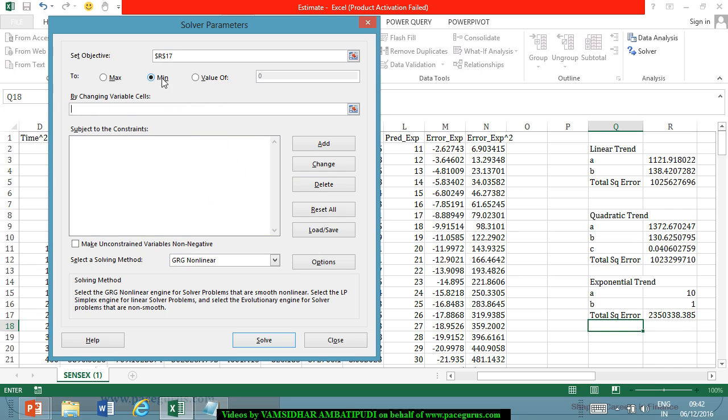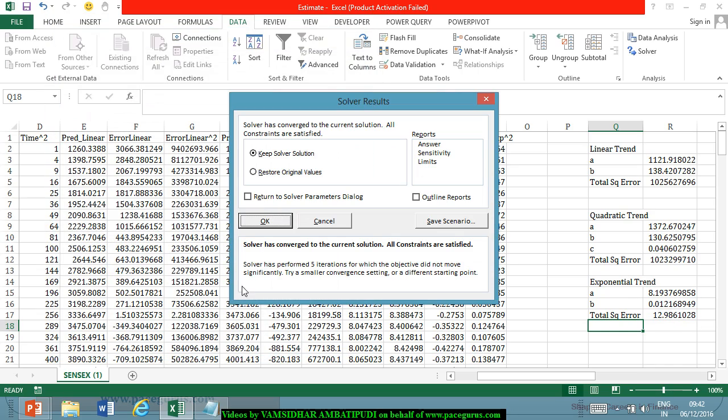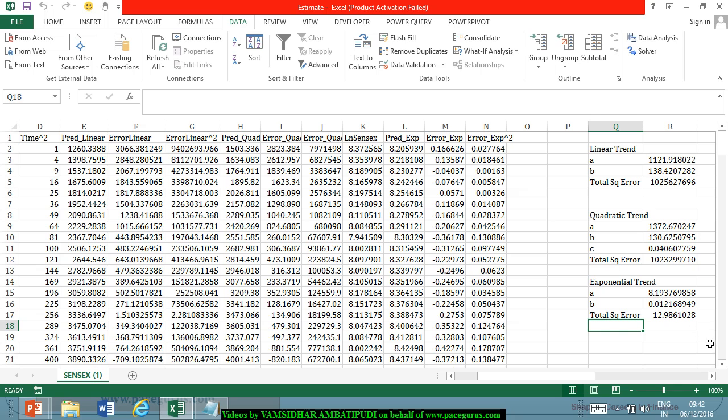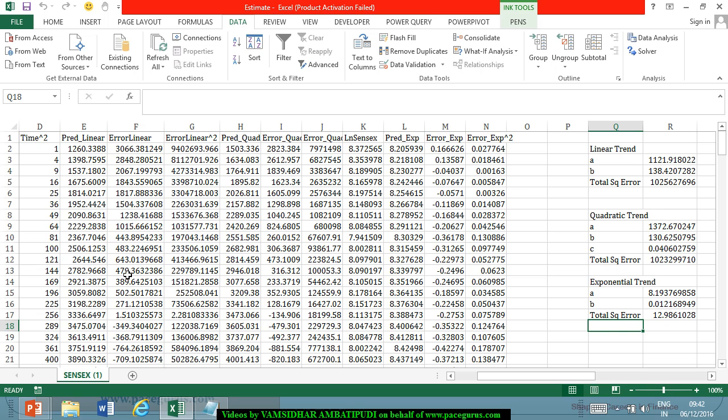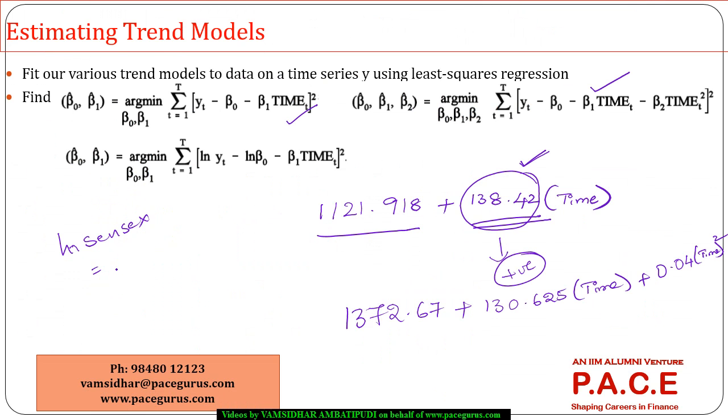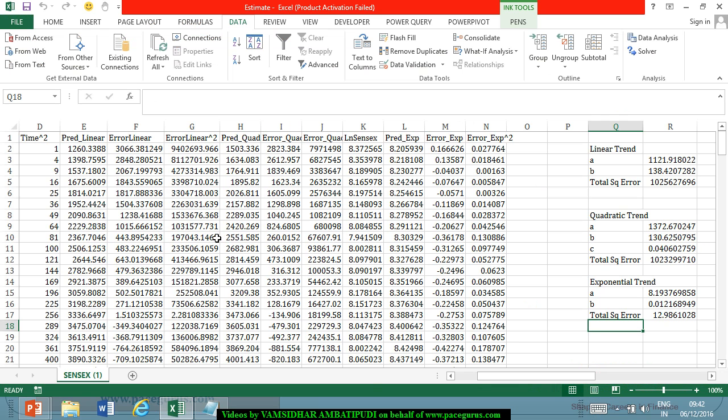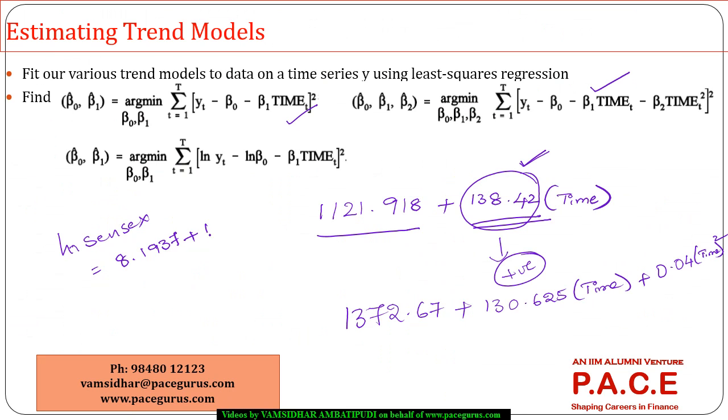So I am minimizing this total error by changing these two parameters, resulting in 8.193. Okay, this is how it goes now. Log sense x is equal to 8.1937 plus 0.012 times time.